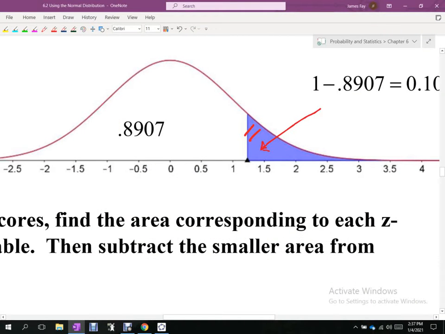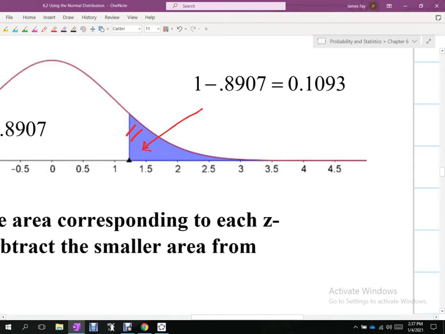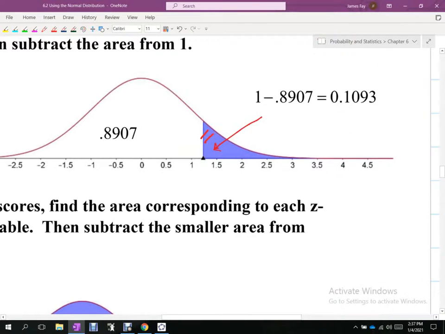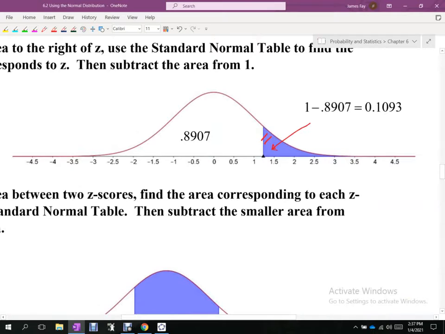So that's this area here. And then to find this right tail, I'm going to take the complement, and it gives me 0.1093. Okay? So what that means to us then is there is a 10% chance, or 11% chance, if we want to round a little bit, that whatever this data is representing, that the z-score is greater than 1.23.